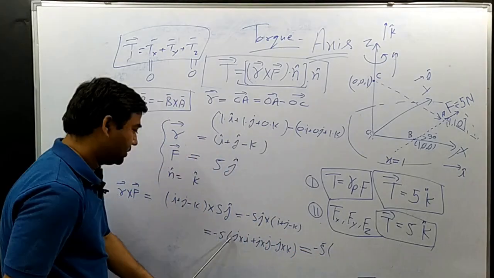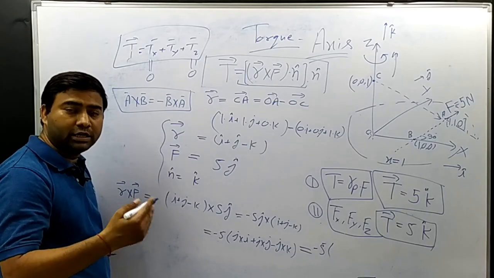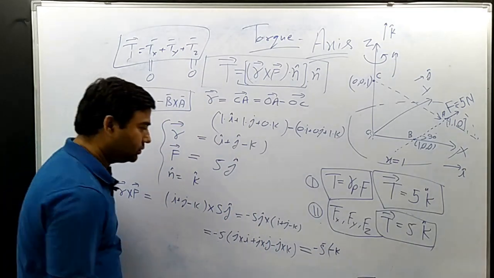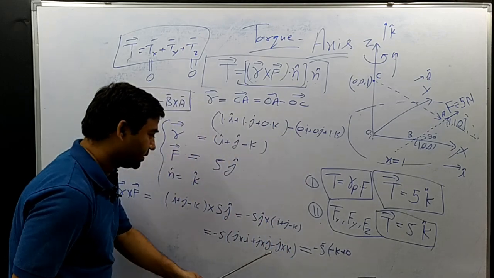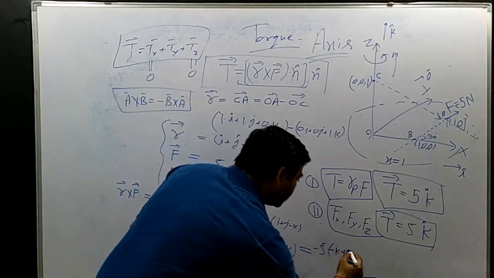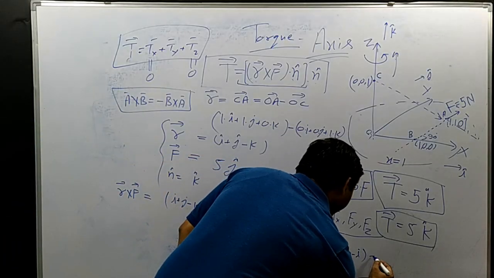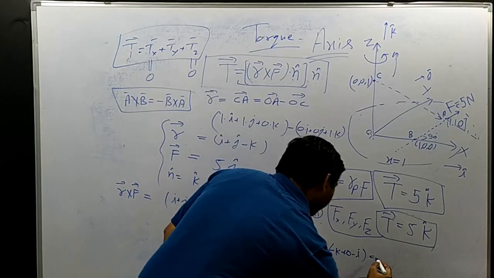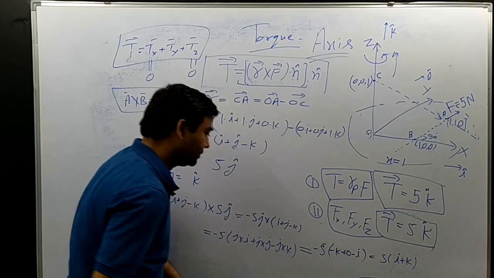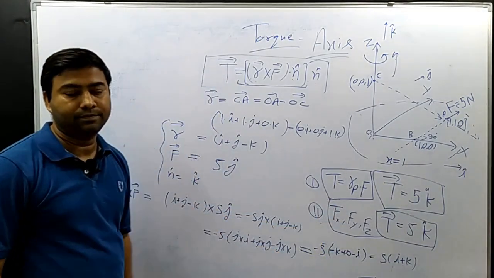We know i cross j is k, so j cross i is minus k. j cross j is 0, and minus j cross k: j cross k is i, so this is minus i. So this can be written as 5 times (i plus k).